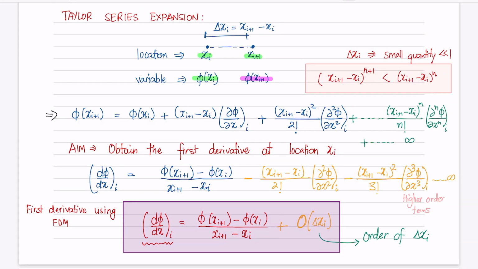So, in the last class, we started a new series on finite difference methods, and I told you that most of the finite difference methods, at least that I know of, originate from what is called a Taylor series expansion. So, we considered the example of a one dimensional grid, that is, a one dimensional set of points.